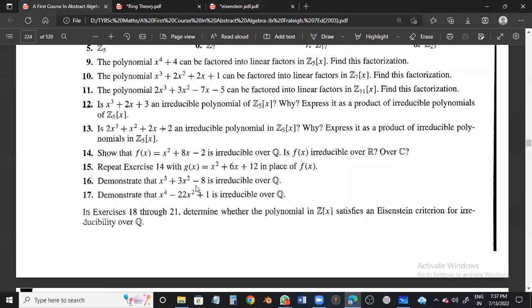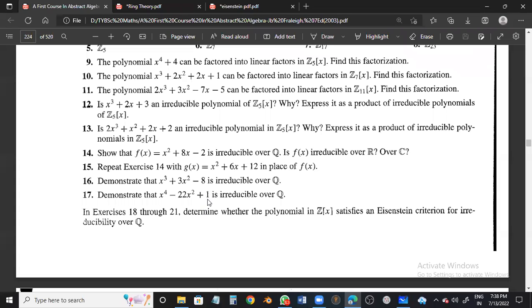This question: demonstrate this is irreducible over Q. Here again, this is x raised to 4 minus 22x square plus 1, and we want to show that it is irreducible over Q. How would you go? The constant term being 1, the divisors of 1 are only plus 1 and minus 1 in Z. With plus 1 this is not giving 0, and with minus 1 also it is not giving 0.